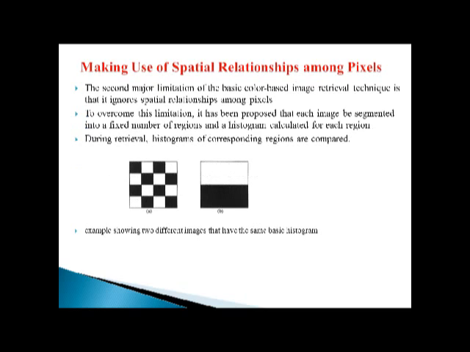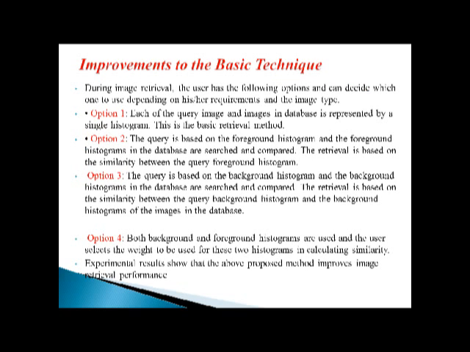Here you can see making use of spatial relationship. You can see two images, image A and image B. It shows two different images that have the same basic histogram. Next is a number of options related to this technique for image retrieval. Option 1: each query in the image database is represented by a single histogram.